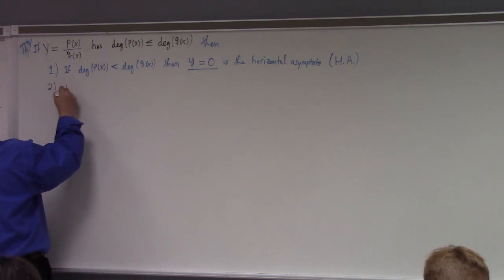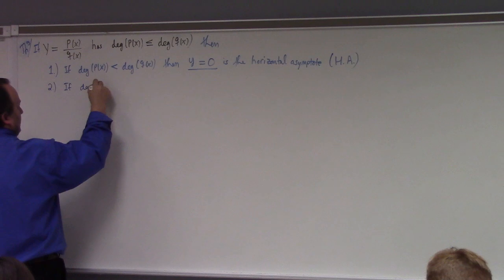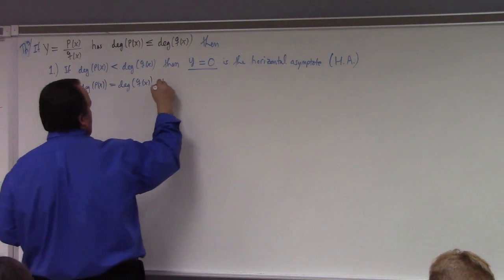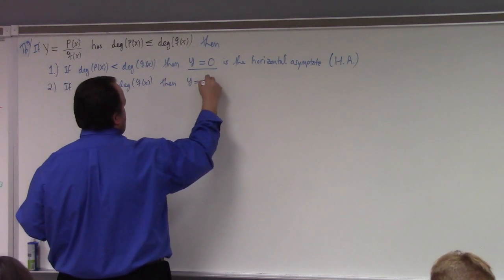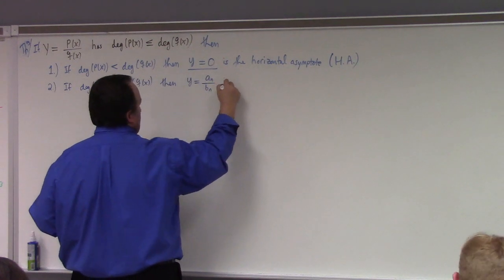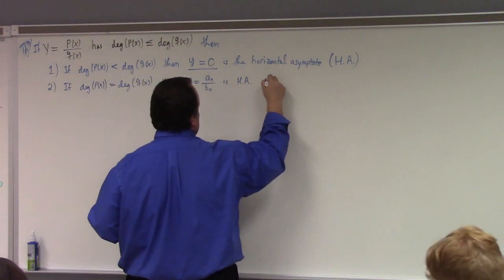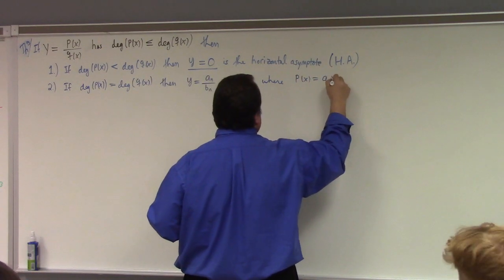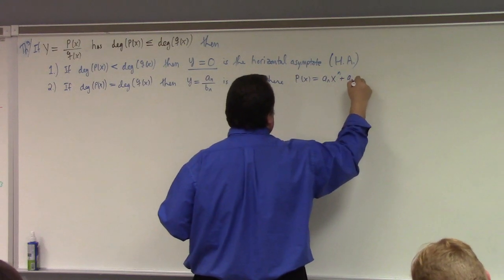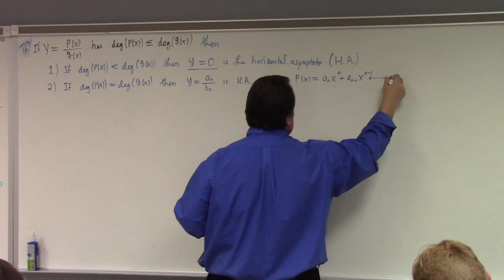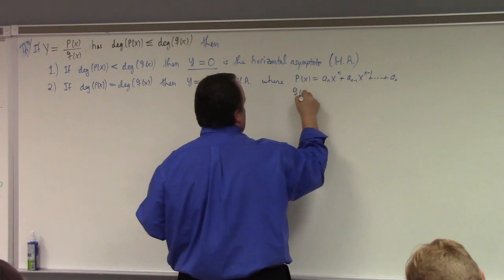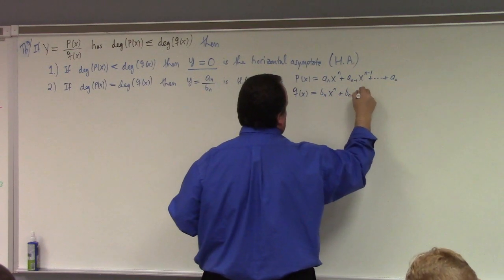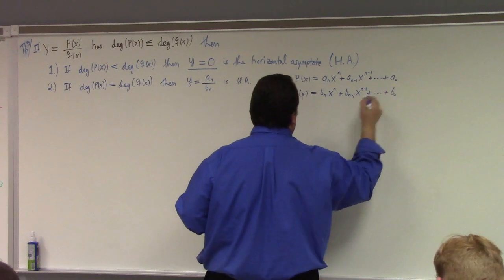Case number 2: if the degree of p of x is equal to the degree of q of x, then y equals a sub n over b sub n is the horizontal asymptote. Here I'm assuming that p of x is equal to a_n x to the n plus a_(n-1) x to the n minus 1 and so on, plus a0, and q of x is equal to b_n x to the n plus b_(n-1) x to the n minus 1 and so on, plus b0.